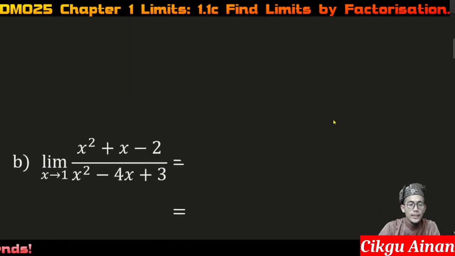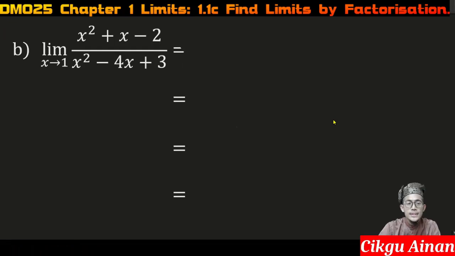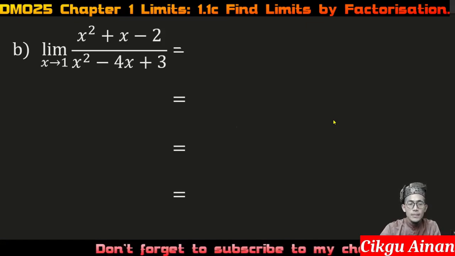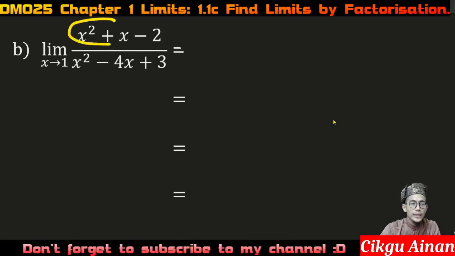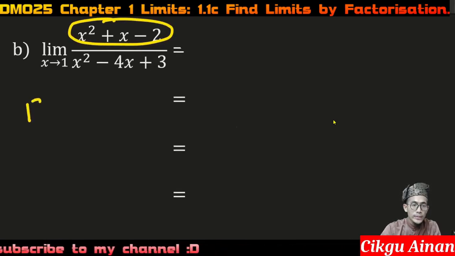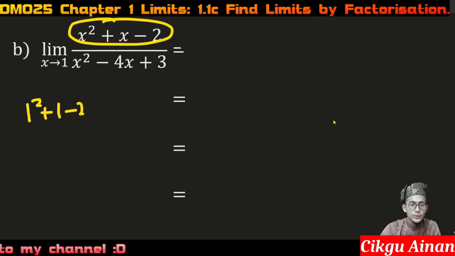Now let's continue with the second one. For this one, it's a big fraction, a rational function. Up here in the numerator, if we directly substitute, we get 1 squared plus 1 minus 2, which equals 0.